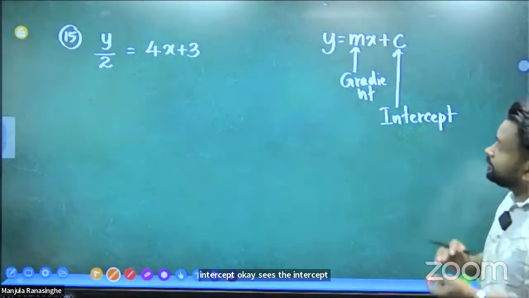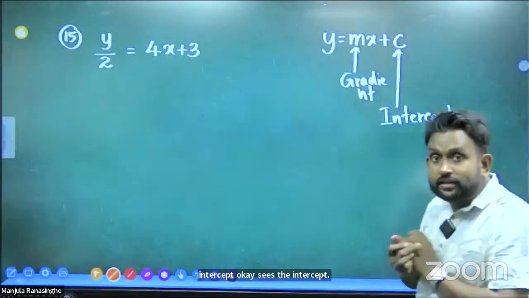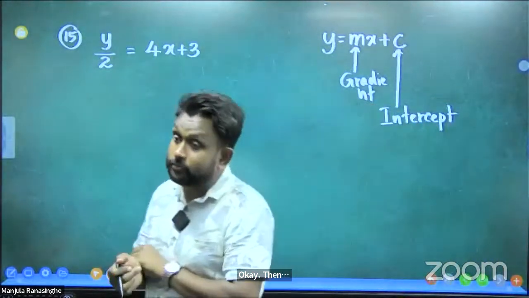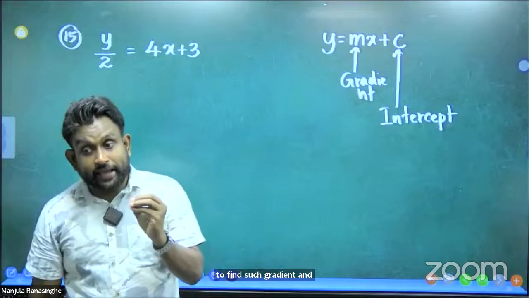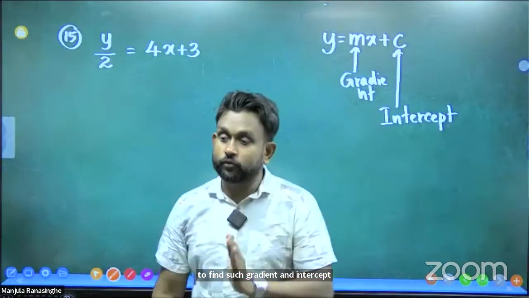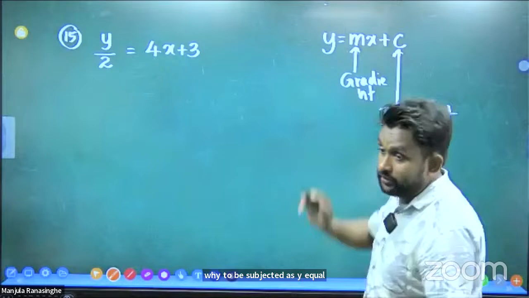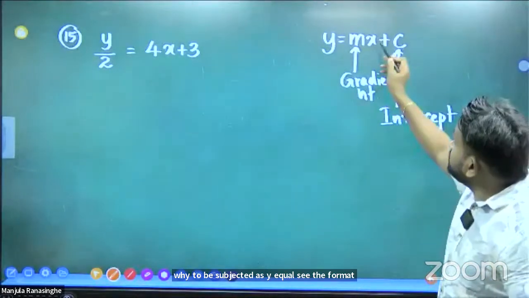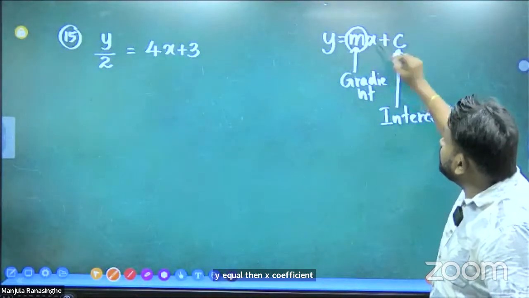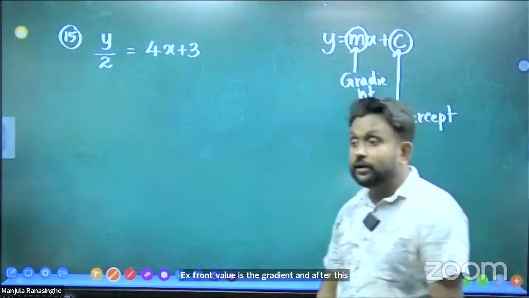To find the gradient and intercept, y has to be the subject: y equal, then the x coefficient, the front value of x, is the gradient, and after the x, the constant is the intercept.